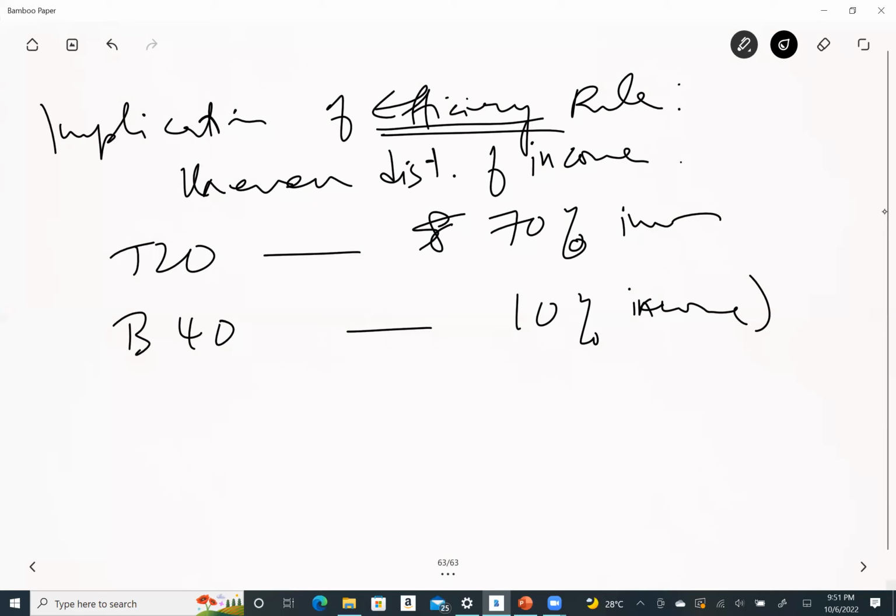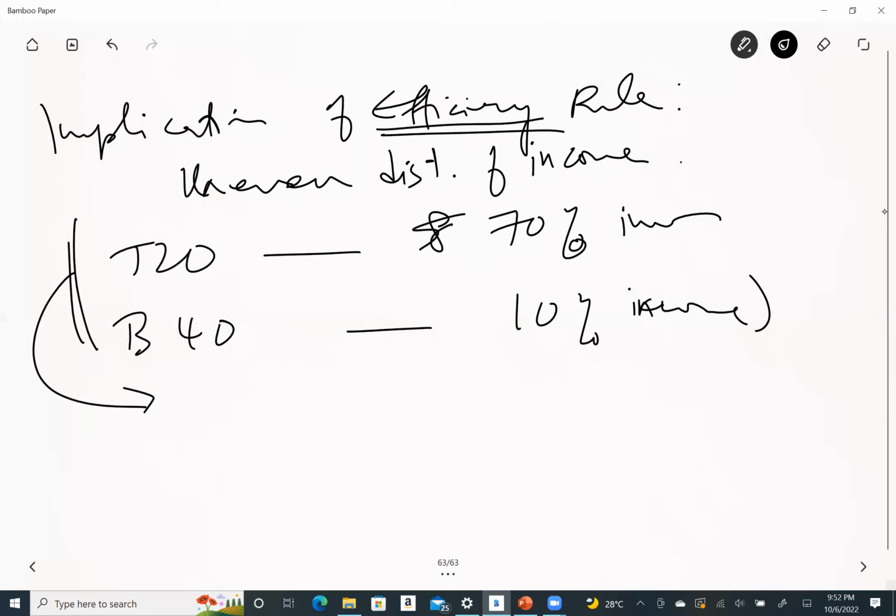Now, if you look back into the types of goods, what types of goods are mostly inelastic? Ferrari? Ferrari is not inelastic. What kind of good has a very inelastic demand?